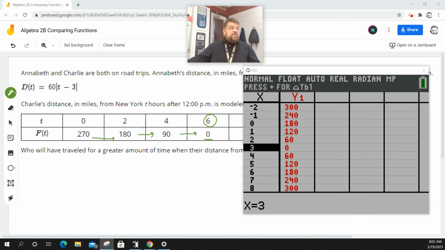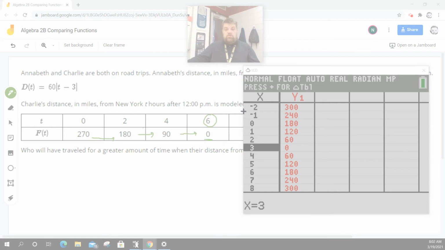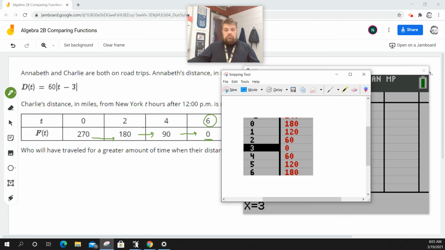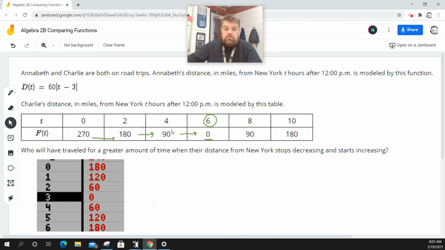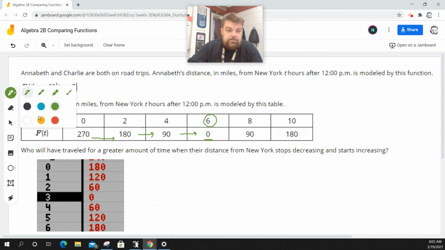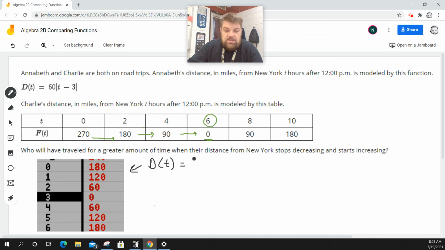Let me just copy and paste this real quick so we can compare the two. So these are her numbers, and the same situation here. Let me write this down. This is from d of t is equal to 60 absolute value of t minus 3.